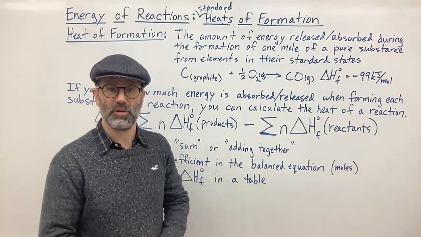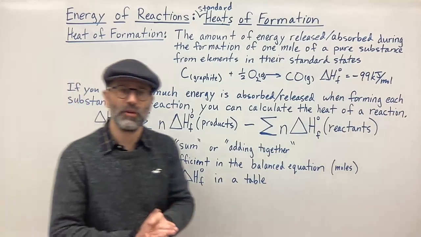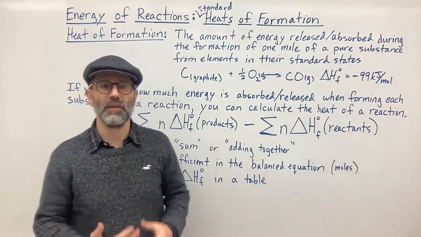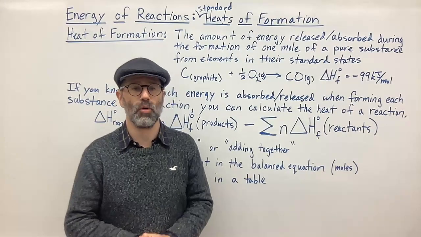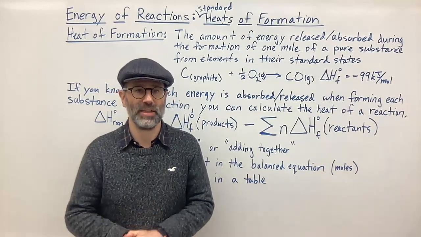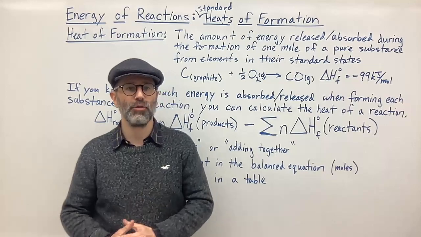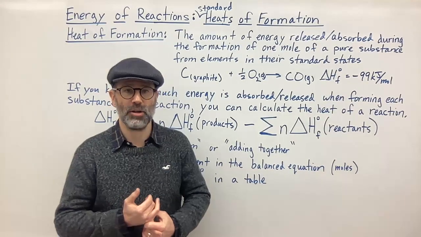I said in another video that there are different ways of finding the heats of reaction or the standard heats of reaction, which is also called the standard enthalpy of a reaction. I mentioned bond energies before.